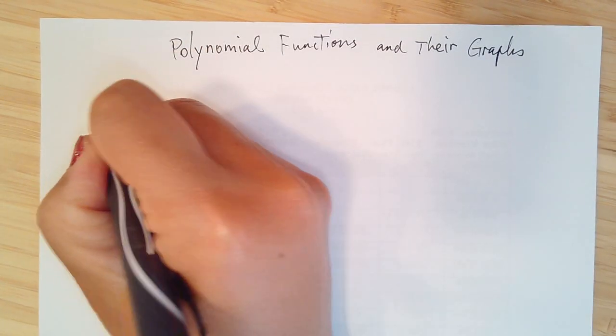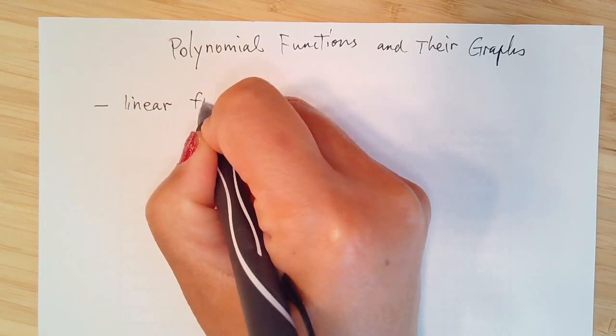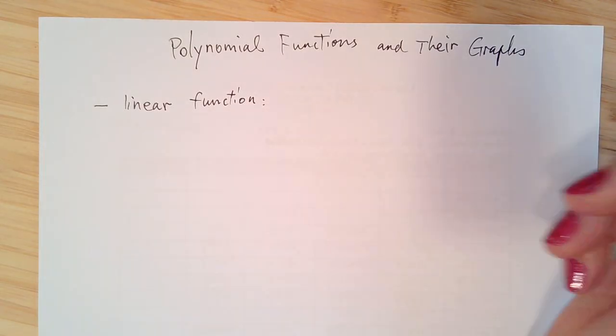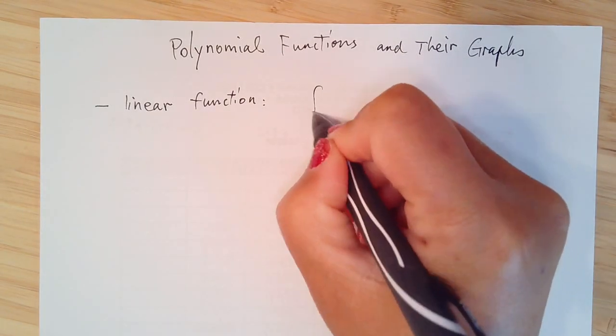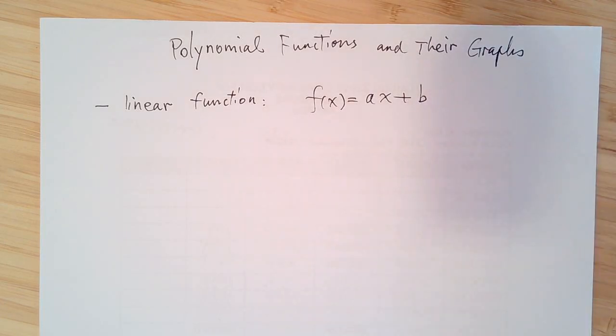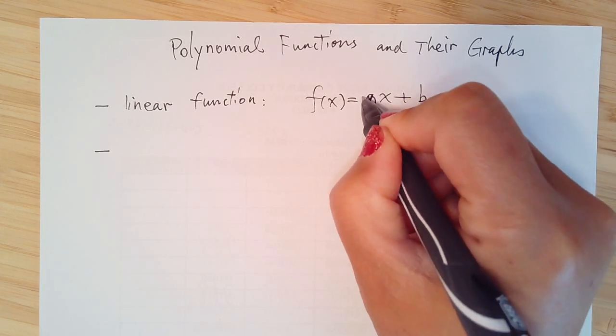Now, quick review, linear function. A linear function looks like f of x equals ax plus b, or mx plus b. Let me just use mx plus b.